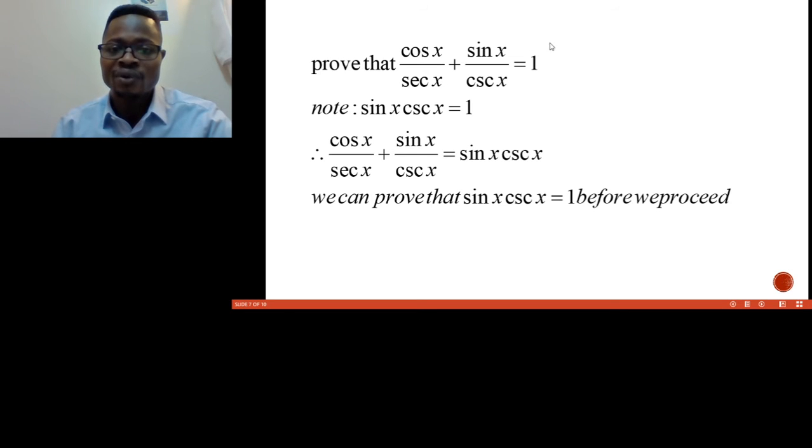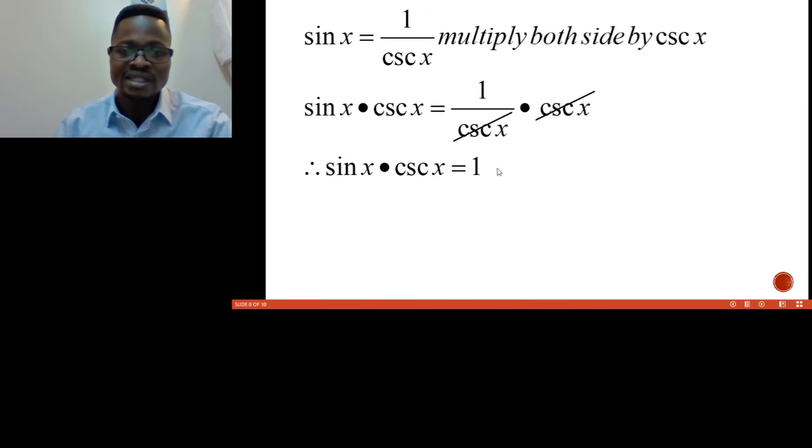But before we can prove this identity, I would like us to prove that sin x cosecant x is equal to 1. So let us see how that goes. Remember, sin x cosecant x is equal to 1, and that comes from the identity sin x is 1 over cosecant x.